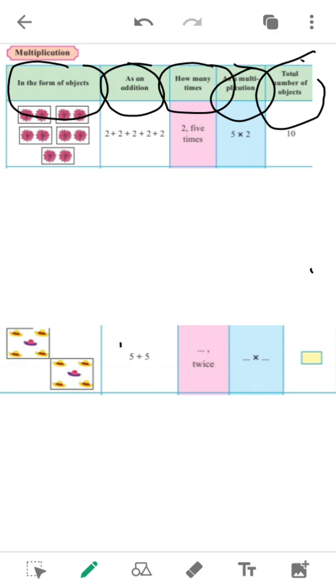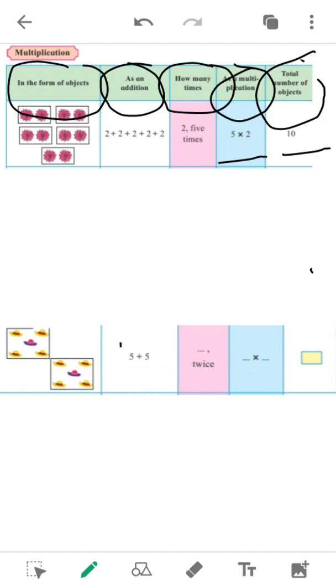So 2 added 5 times. How many times? 5 times. 2 plus 2 plus 2 plus 2 plus 2. So 2 5 times is written in multiplication way as 5 multiplied by 2. So 5 twos are 10. Total number of flowers is 10.